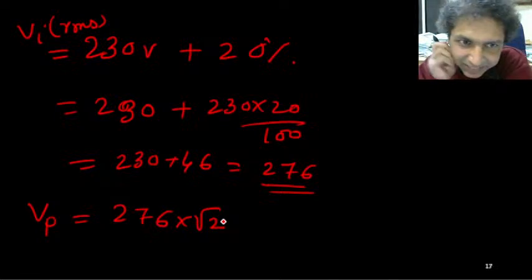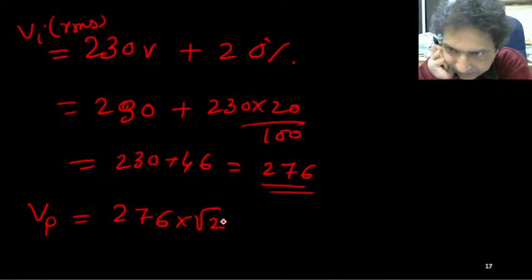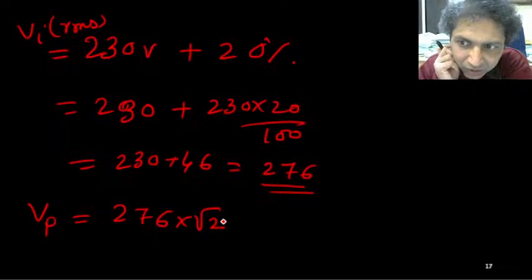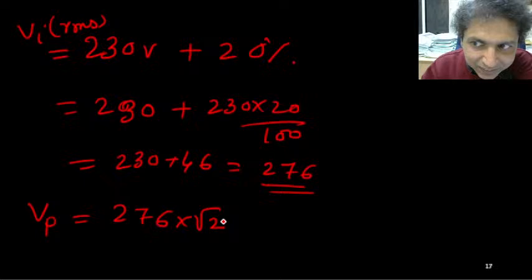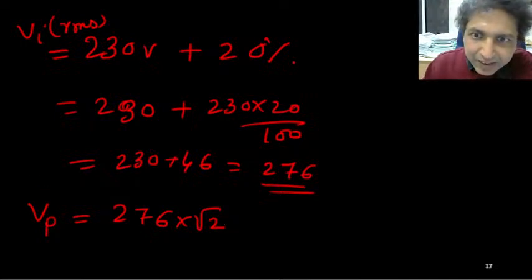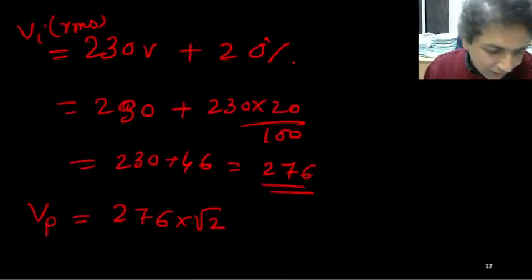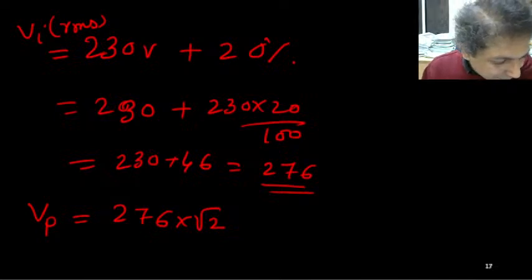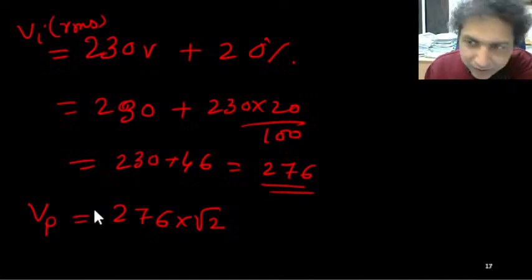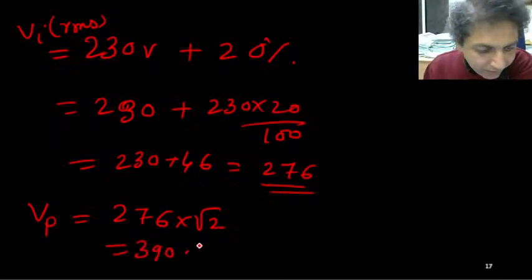Is it fine? Can you calculate this? 276 times square root 2, what is the value? That value will be the peak voltage of the input voltage. One time you will get it when it is positive 20%. I think that value is 390.32.